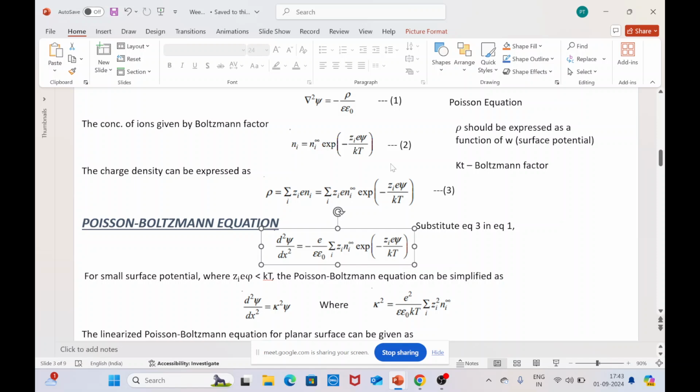Now, we need to solve this. This is a second order differential equation. In order to solve this equation, we take two assumptions.